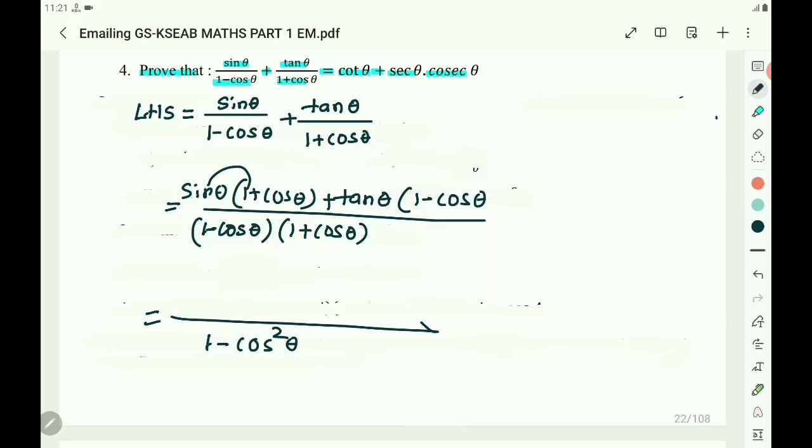Sin theta into 1 is sin theta plus sin theta into cos theta plus tan theta into 1 is tan theta minus tan theta into cos theta.